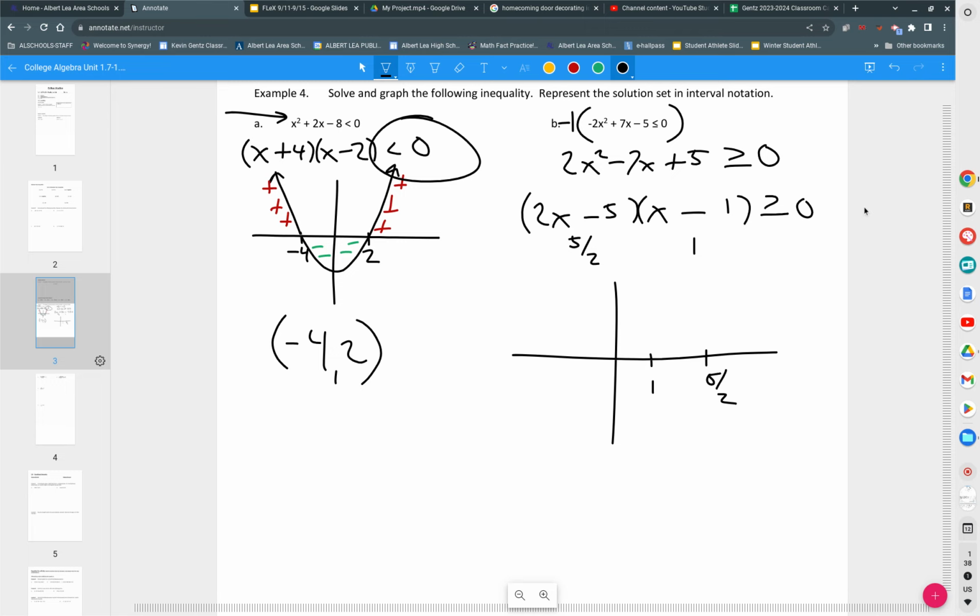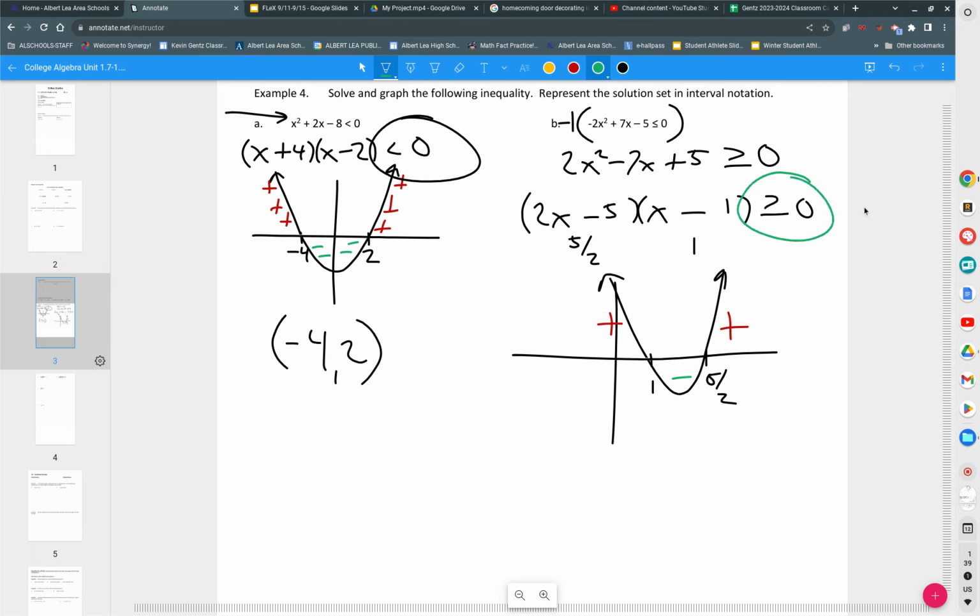What shape does it make? Parabola, right side up or upside down? Right side up. We determined that. We made it go right side up by multiplying by the -1. Okay, so I've got a right side up parabola like such. And again, this tells us we're positive when it's above. We are negative when it's below. Are we wondering where it's positive or are we wondering where it's negative? Positive.